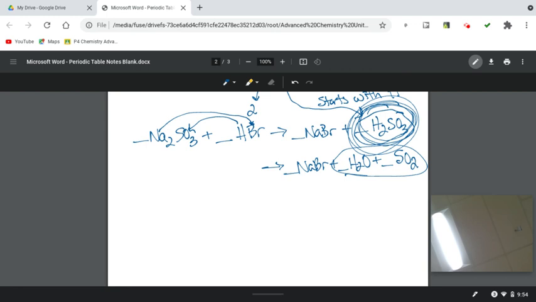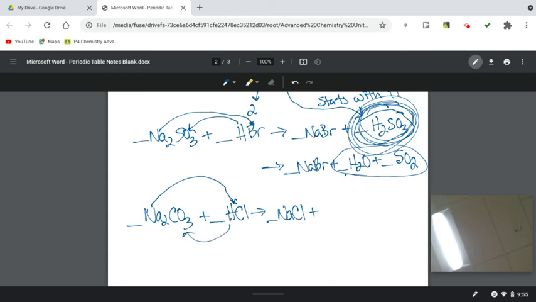Another example would be Na2CO3, sodium carbonate, plus hydrochloric acid. Sodium is going to go grab chlorine, so you're going to get NaCl.